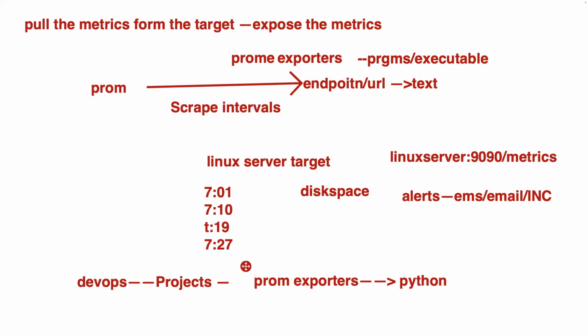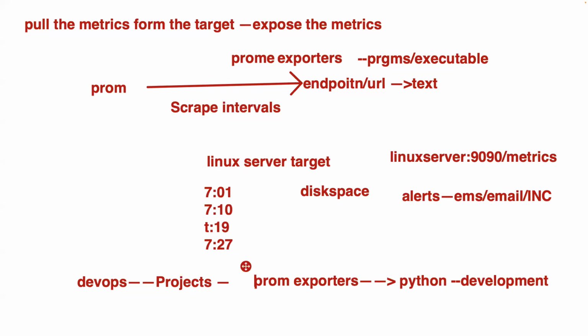This needs in-depth coding, so there is a separate development team for it. The development team is developing Python code. It could be an application or anything, right? Here, that Python code is a Prometheus exporter. So the DevOps team is creating pipelines for delivering those exporters. Is that making sense?